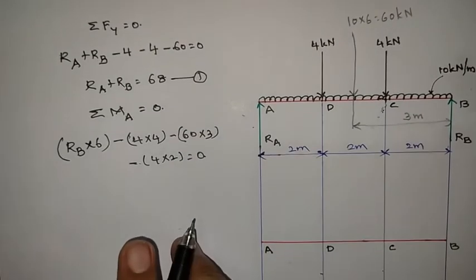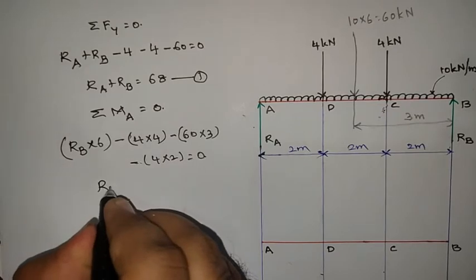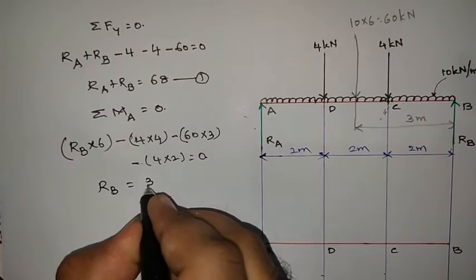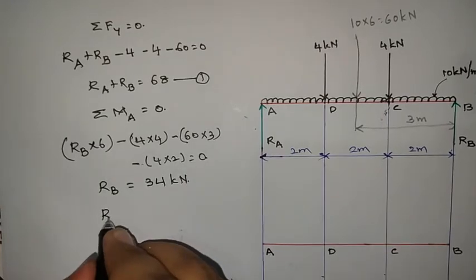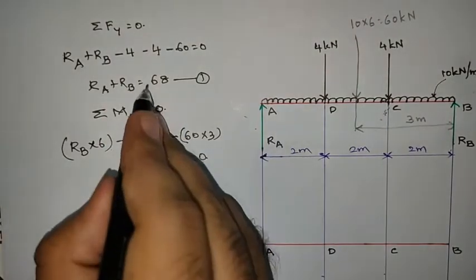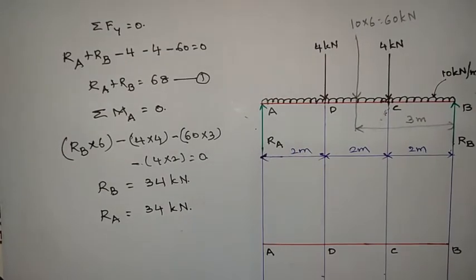If you solve that, you will get the RB value as 34 kilonewtons. And if you substitute RB in equation number 1, then you will get RA value also 34 kilonewtons.